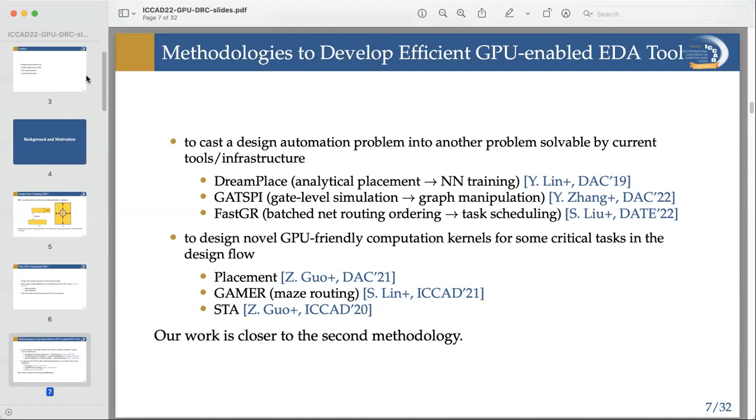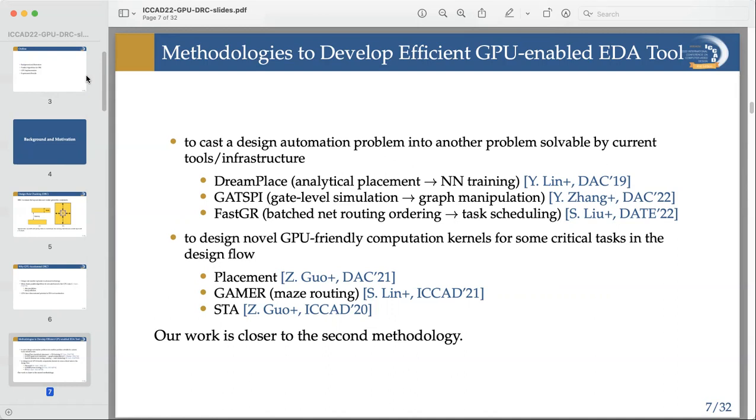And similarly, if we consider a netlist as a graph, we can use the graph manipulation tools to deal with gate level simulation. And FastGR considers the patch net routing ordering problem, which is solved by task scheduling engines.